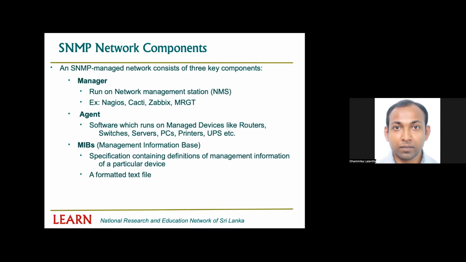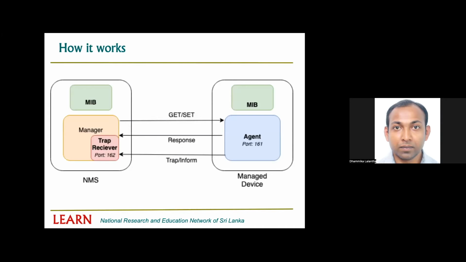And this is the architecture. I will show this diagram before going through the previous slide. This is the SNMP architecture. The left side, NMS, is the network monitoring station, or the manager, as we normally call it.